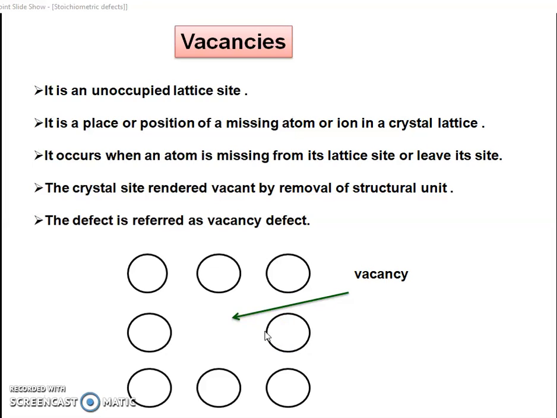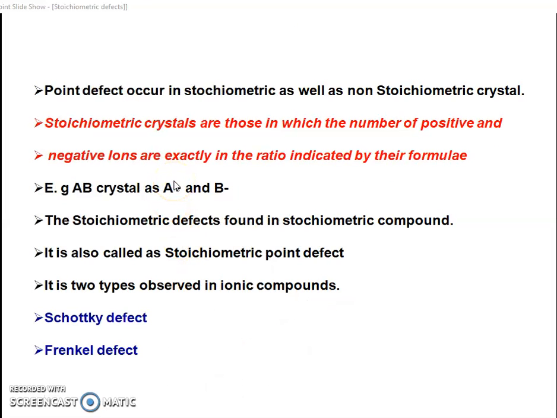Point defects may occur in stoichiometric as well as non-stoichiometric crystals. Stoichiometric crystals are those in which the number of positive and negative ions are exactly in the ratio indicated by their formulae, and the defects in them are called stoichiometric point defects.